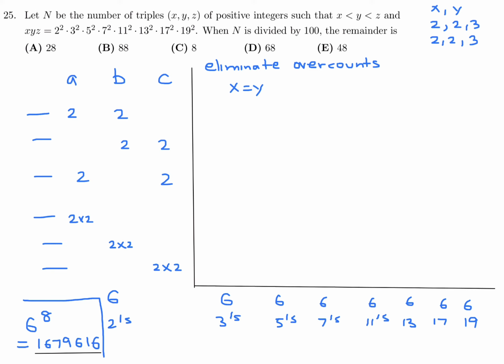Let's be consistent and just use the ABC like I did here. It doesn't really matter what letters you use. So first scenario, number 1, A is equal to B. That would give you a whole bunch of doubles.